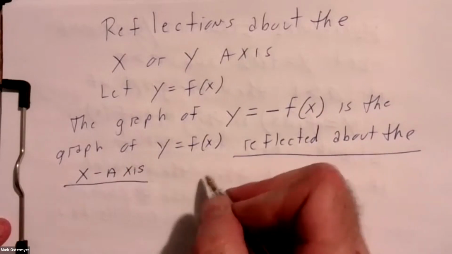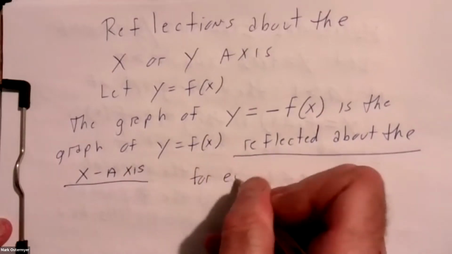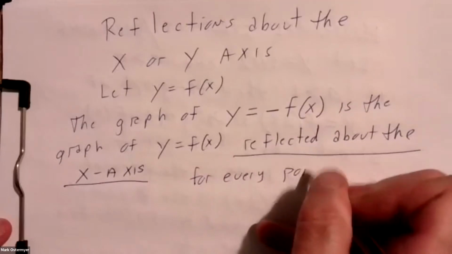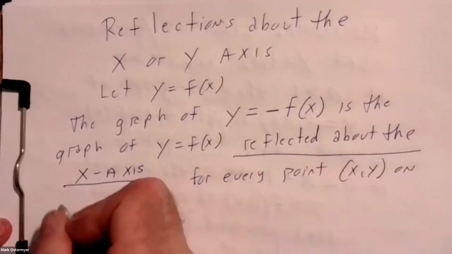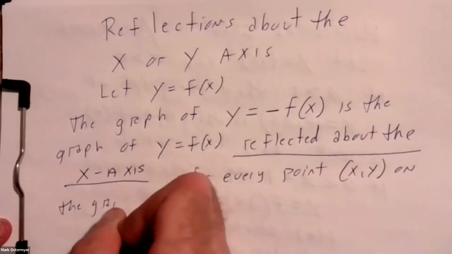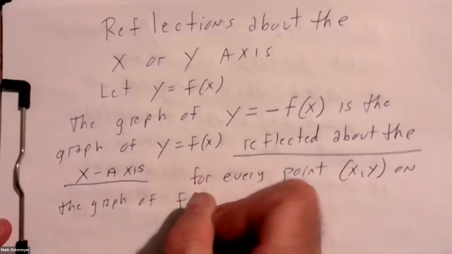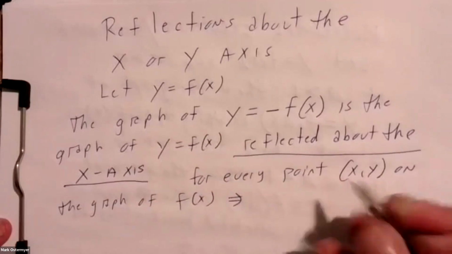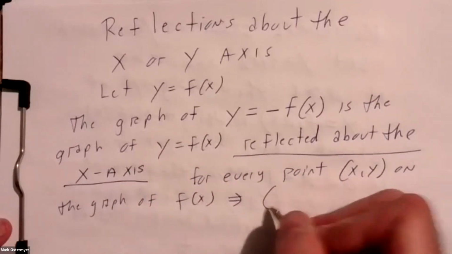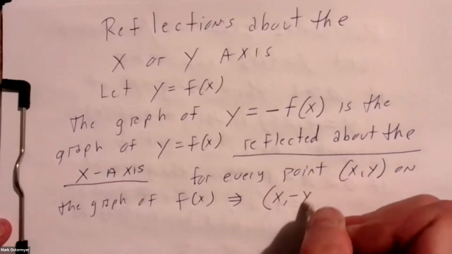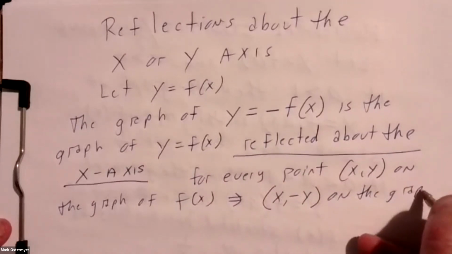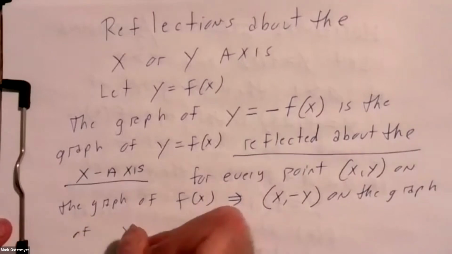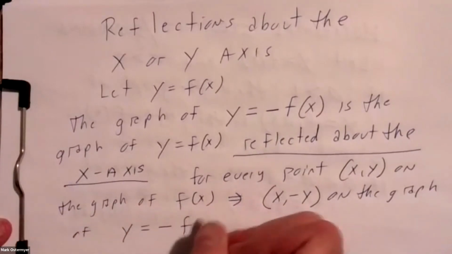So basically what's happening here, for every point x,y on the graph of the basic parent function f of x, this would imply that we now have a point x, negative y on the graph of the new function of y equal to the negative of f of x.